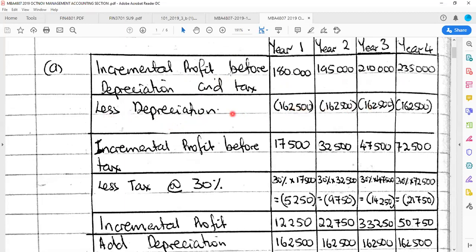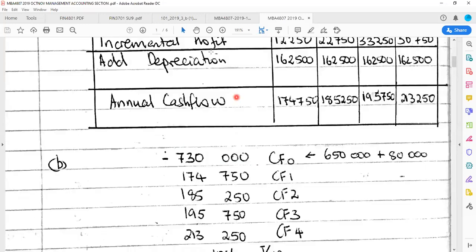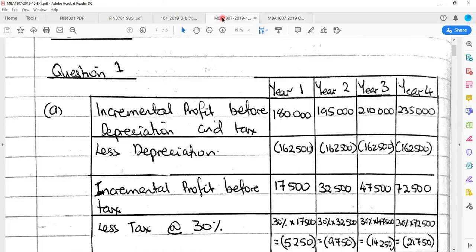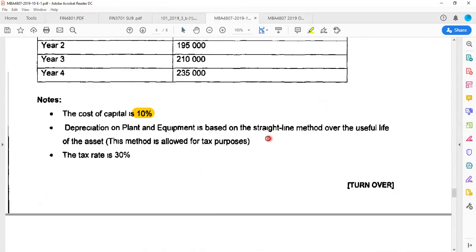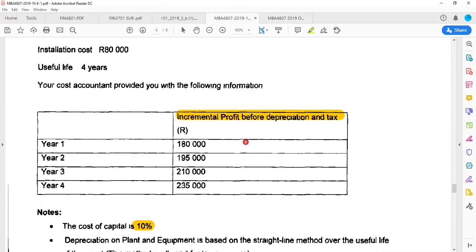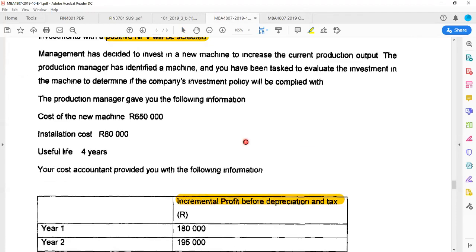So we were told that our depreciation is on a straight line basis over the useful life of the asset. What that means is that we take 650,000 and we divide it by 4.